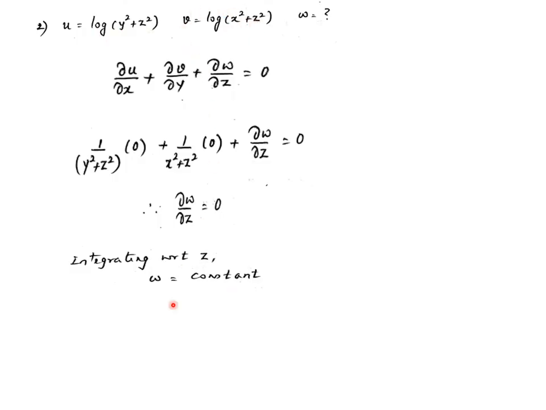So w, in cyclic order, can be such that the constant is a function of x and y. Therefore it will be log of x square plus y square. This is how you can write it. If you are able to write the constant, you can write it, otherwise you put it as 0.